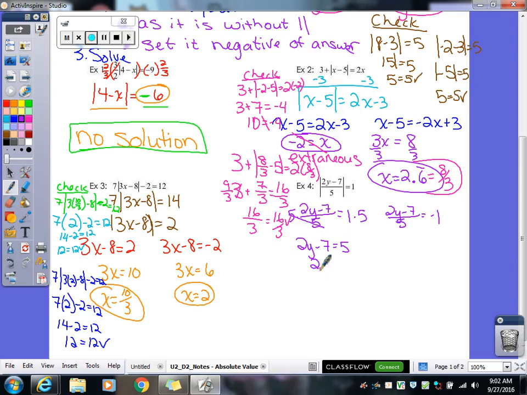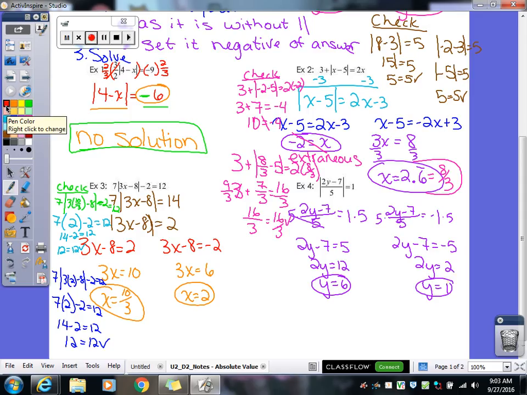And then I'm going to add my 7 over and divide by 2. So I get y equals 6. Over here, again, times 5, so I get 2y minus 7 equals negative 5. Add my 7. Divide by 2. So y equals 1 is my other answer.